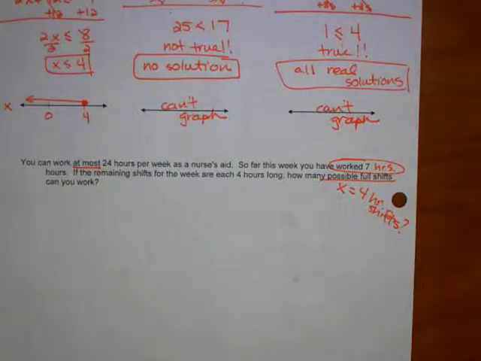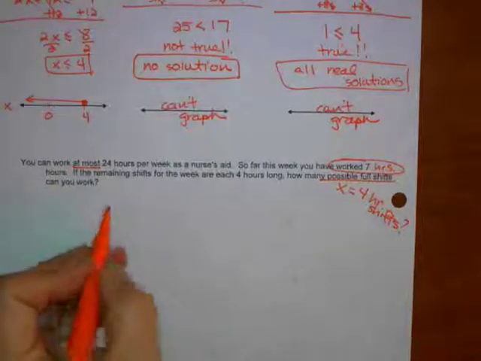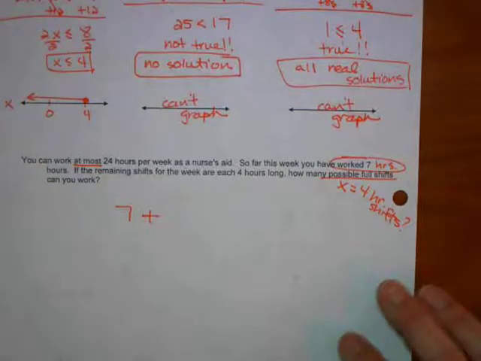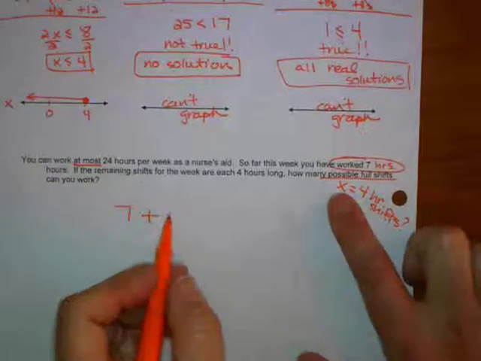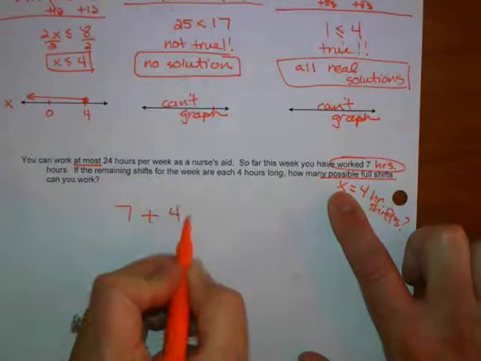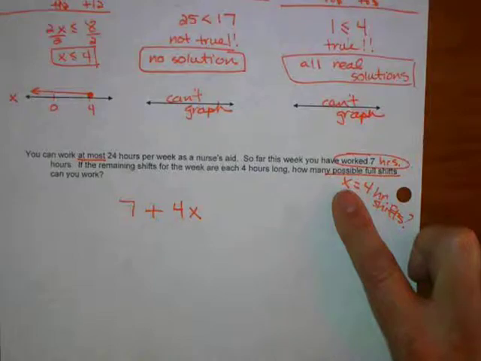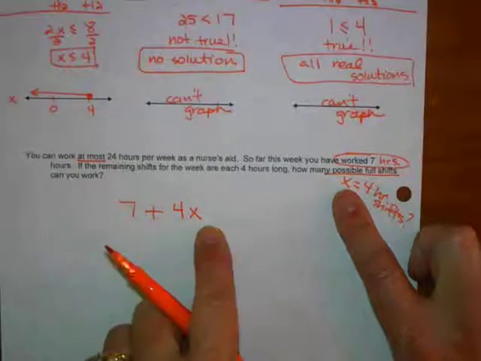So now let's break it apart. How many hours have I worked already? 7. Already worked 7 hours. And then I want to know how many of these kinds of shifts, which are 4 hours long, can I still work?